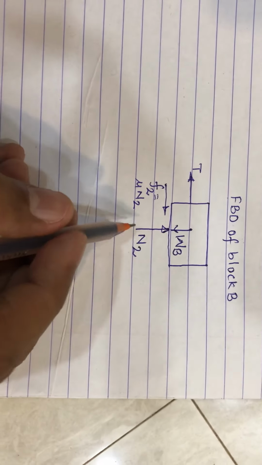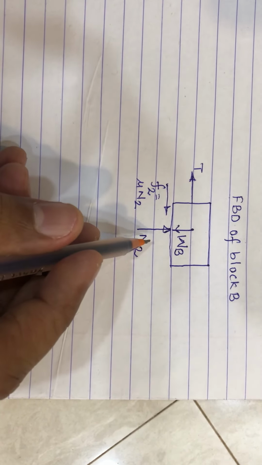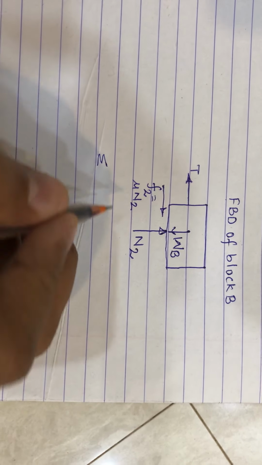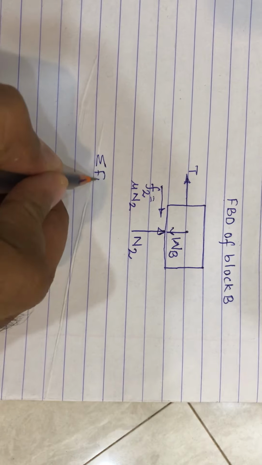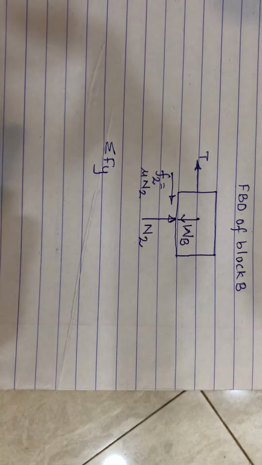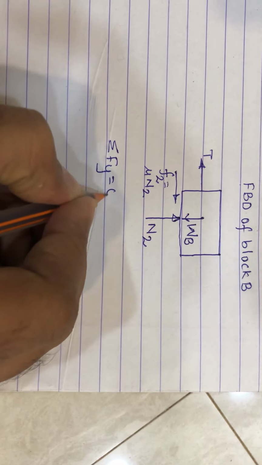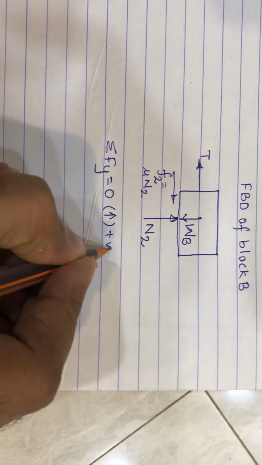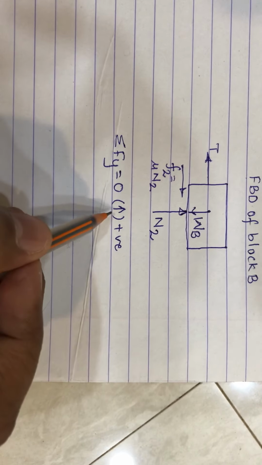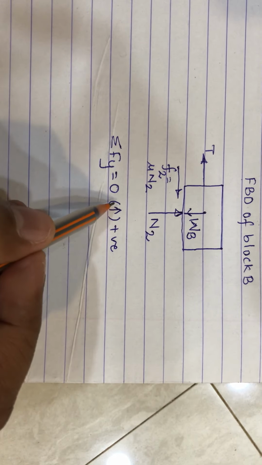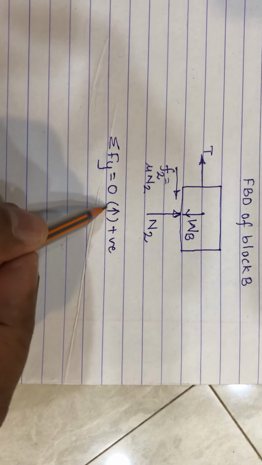Now let's do the calculation for this FBD. We'll start with summation of Fy, the forces acting along the Y direction, equal to 0, taking the upward direction as positive. Note, students, you can assume even the downward direction; it is just an assumption.